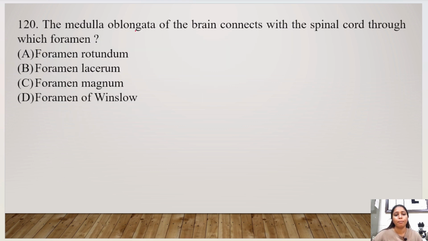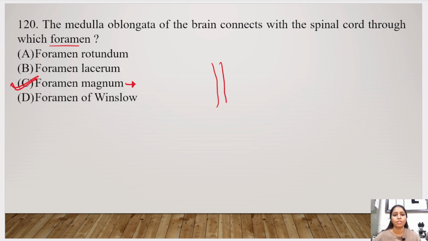In this question, the medulla oblongata of the brain connects with the spinal cord through which foramen? We all know that the medulla oblongata connects to the spinal cord through the foramen magnum, which is part of the occipital bone, and it transmits the medulla oblongata.